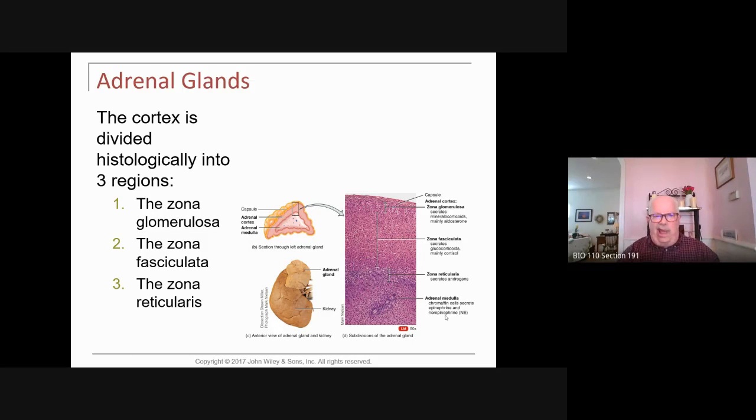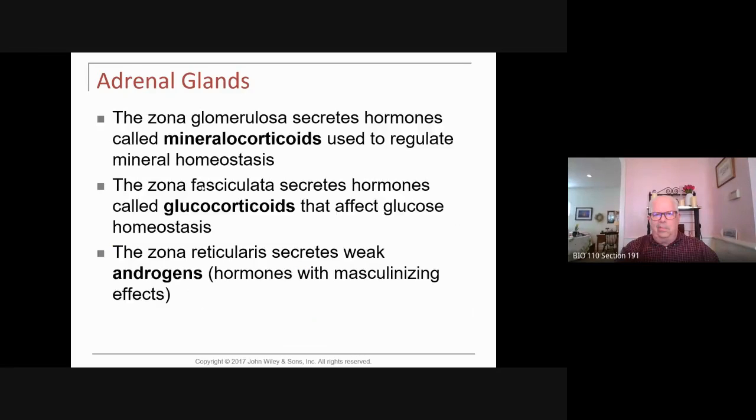So the adrenal glands produce a lot of hormones. The cortex itself, with the three layers, produces over 100 hormones, whereas the medulla from the chromaffin cells produces norepinephrine and epinephrine.